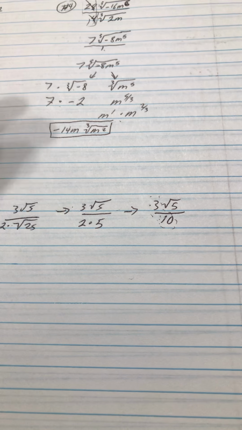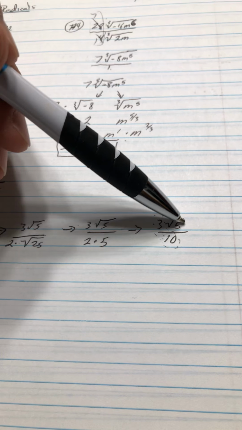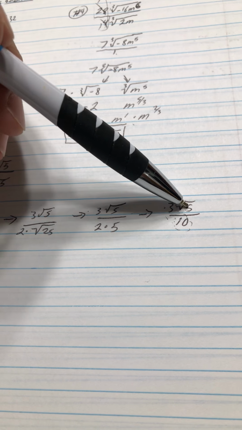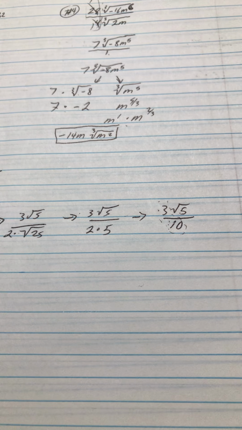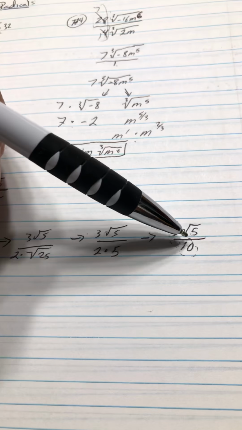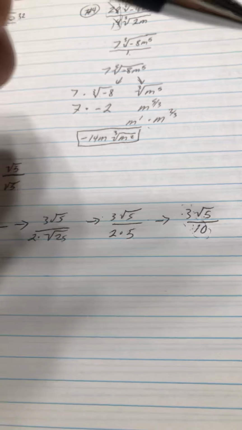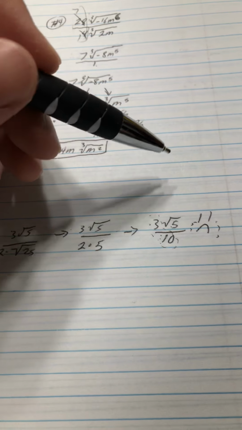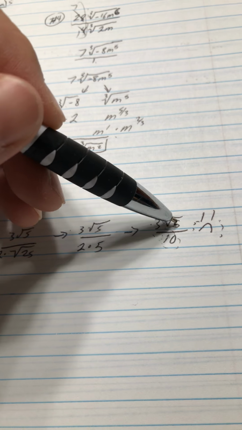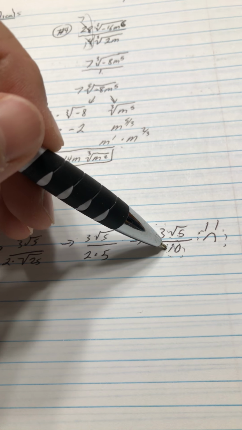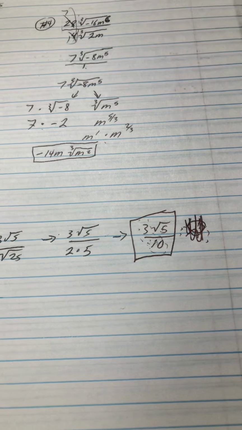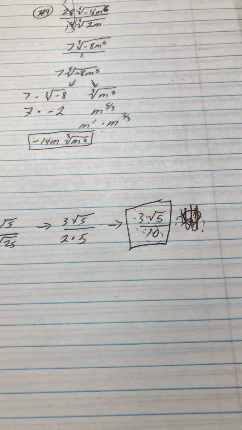So watch what you're doing. Second thing you want to check for, can this right here be broken down? Square root of 5 obviously can't. Third thing I caution you about, do not, I'm going to put a frowny face and tears, do not say 5 over 10, like reduce it. The 10 is not under a radical, so don't try to simplify that. So that's a done deal.